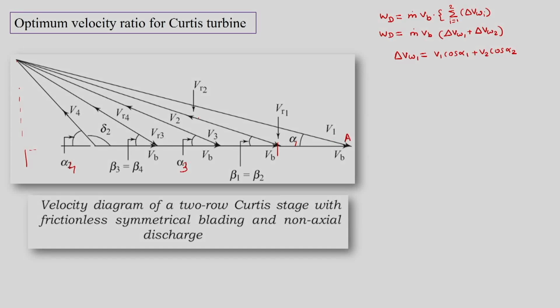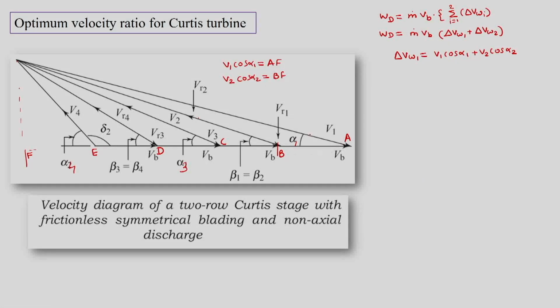So if we name the points A, B, C, D, E and F, then V1 cos alpha 1 is equal to AF, but V2 cos alpha 2 is equal to BF.